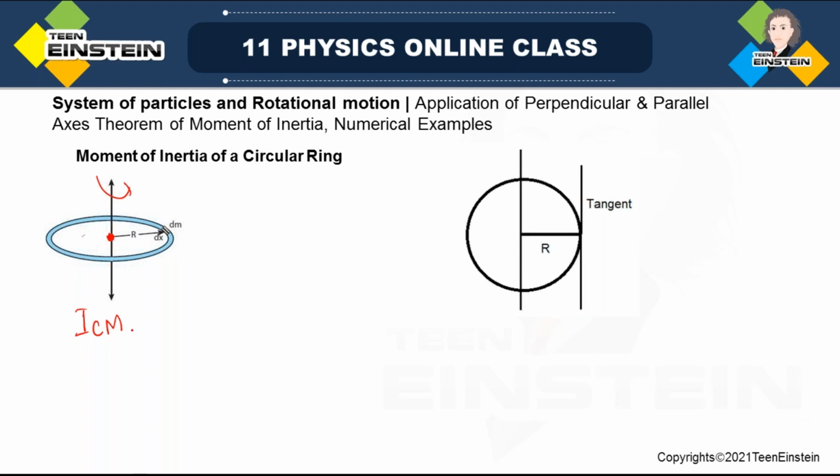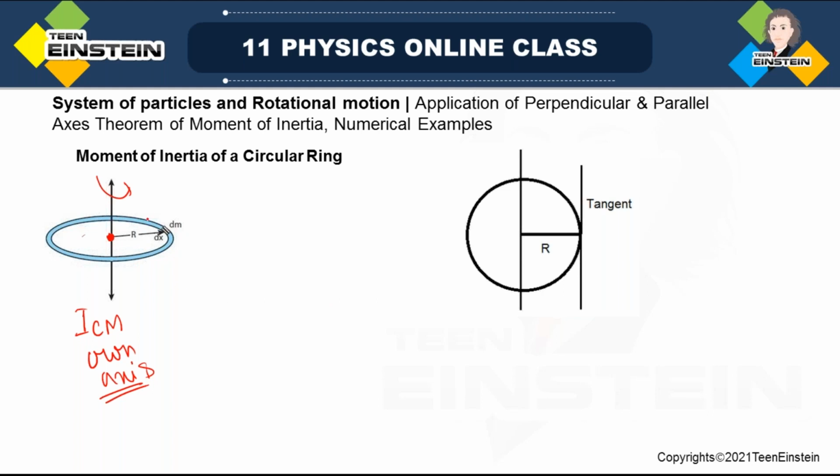Sometimes this axis is called its own axis, because it is very easy for this ring to rotate about its center of mass.